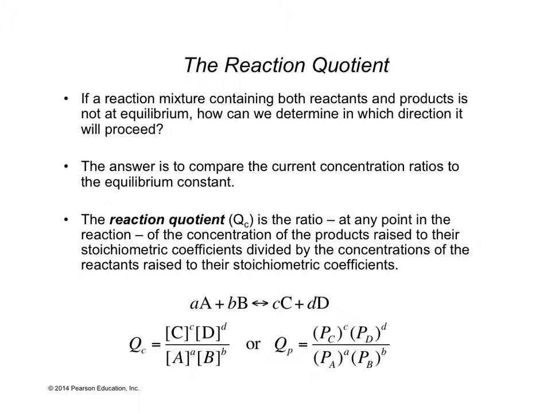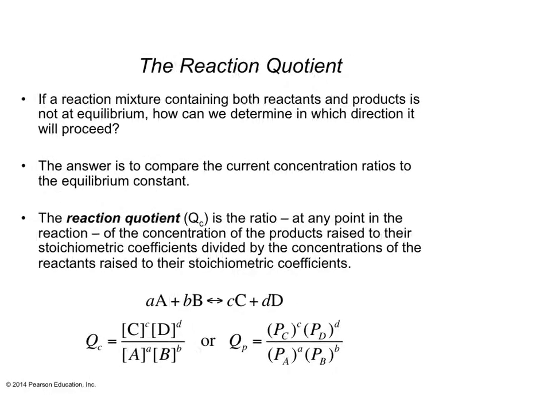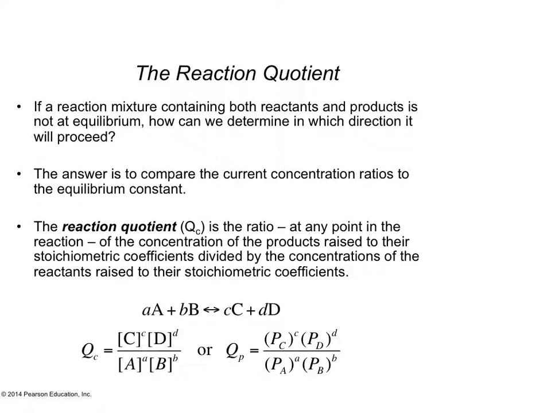Okay, so last little bit, we're going to talk about something called the reaction quotient. So we've been looking at the law of mass action with respect to equilibrium, right? So we have defined, how do we determine what K is? Well, K is just the concentration of products over the concentration of reactants at equilibrium, most importantly.